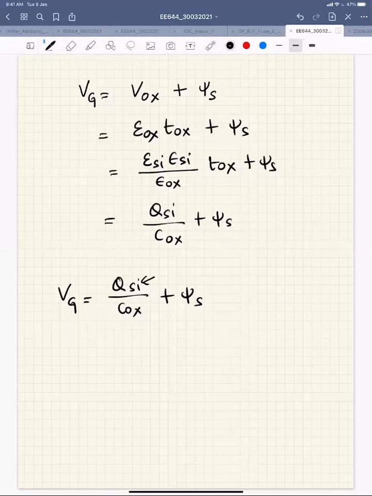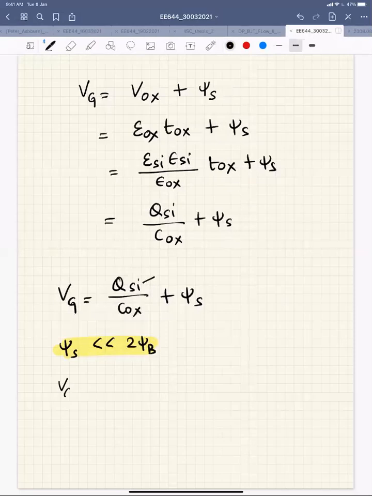So if I look at only the depletion charge, let's say my psi s is much less than 2 psi b. That means it's in depletion condition.